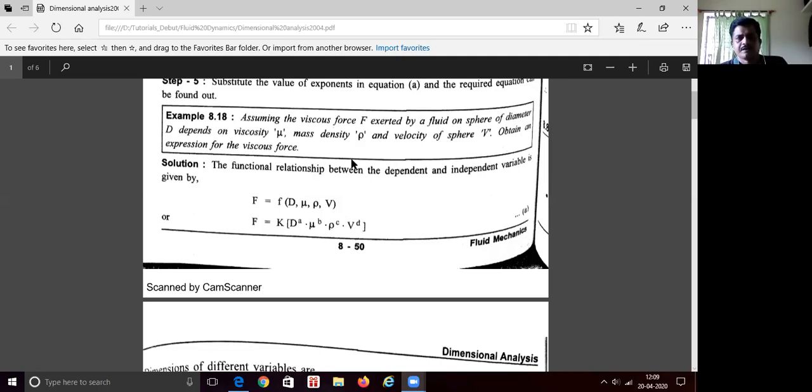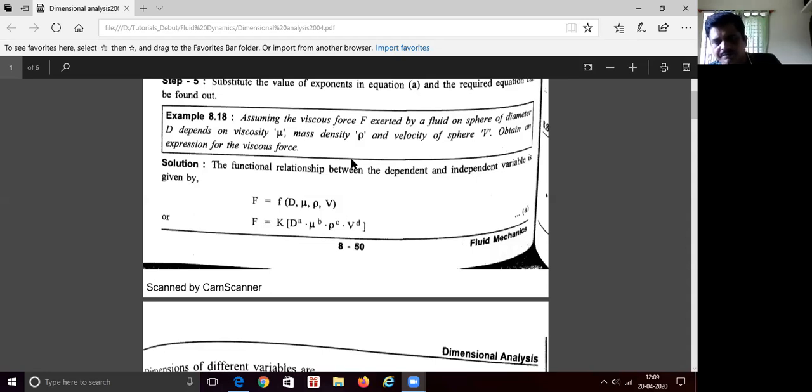See here, the force exerted by a fluid on a sphere depends on four parameters, four variables. That is, it depends on the diameter of the body, the viscosity of the fluid, the density of the fluid, and also the velocity of the sphere.